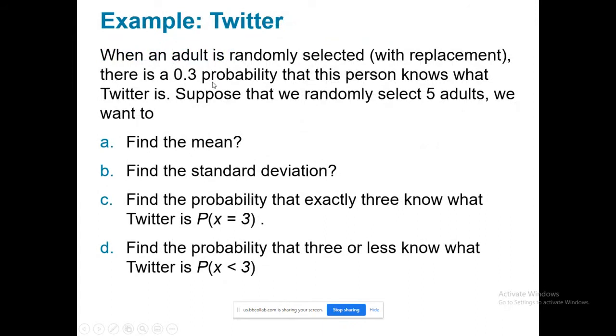Notice that the probability of success is 0.3, and that 0.3 is for all 5 of our trials. All right, so this does constitute a binomial probability distribution. Okay, so that's the first thing. We just went through the 4 conditions. All right, now we're going to do some calculations. We're going to find the mean, we're going to find the standard deviation, and then we're going to calculate a couple of probabilities. Okay, and we're going to do some more as well.